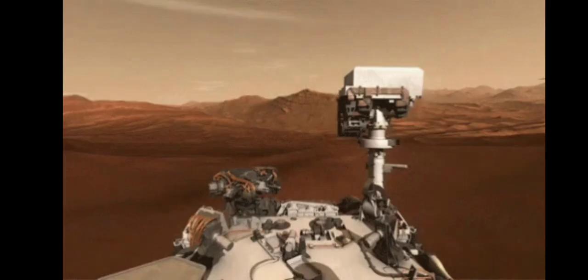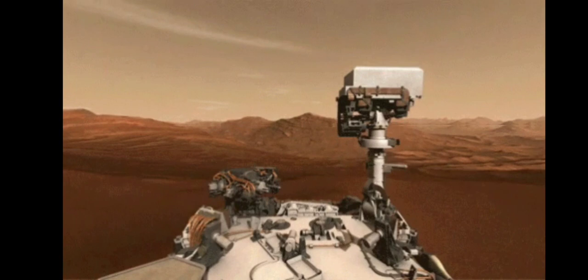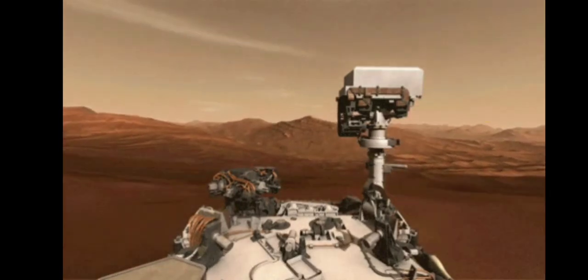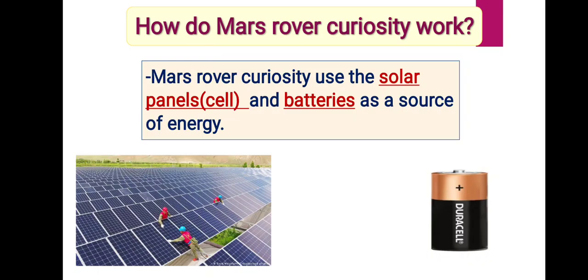Number one. As we can see here, this is the Mars rover Curiosity on the Mars surface. It has two sources of energy. Number one, the solar panels.